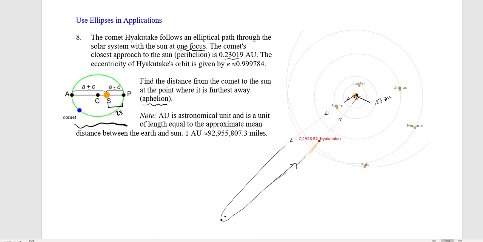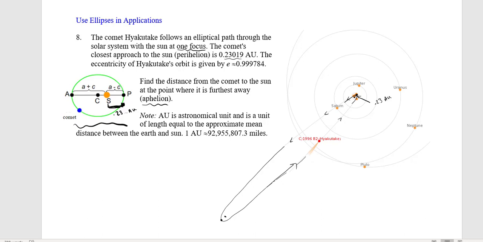We know this 0.23 whatever astronomical units. So what is that value? We know that this 0.23, that's the distance between here and here, right? Between here and here, between the sun and the comet at perihelion.